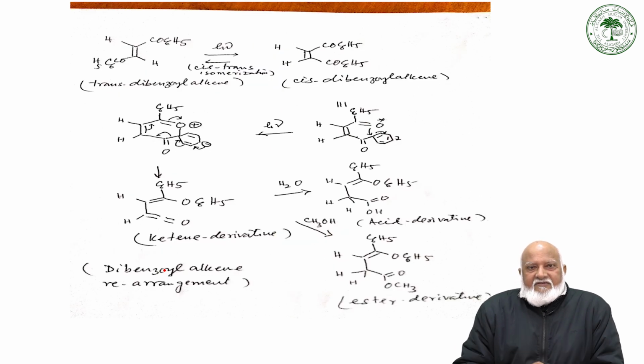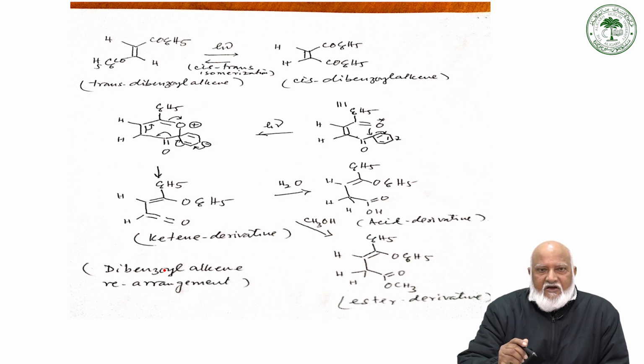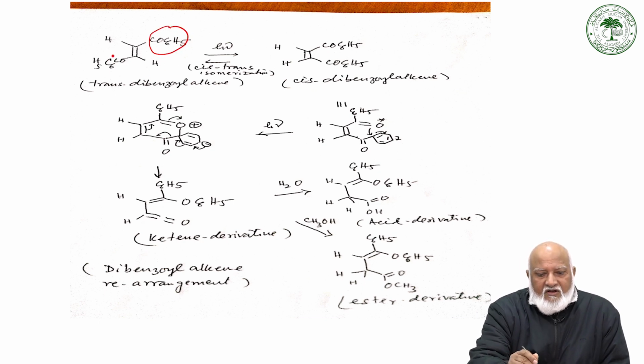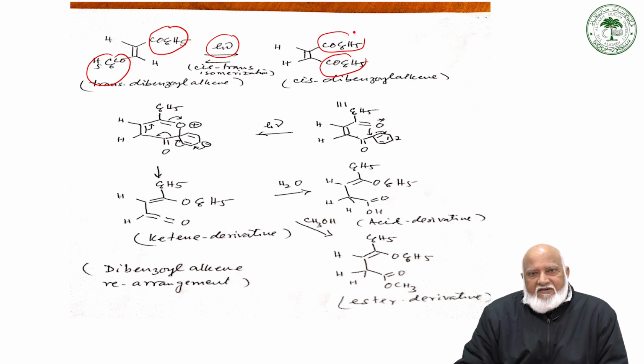This is another example of cis-trans isomerization. We have a dibenzoyl alkene with two benzoyl groups in trans orientation, which in the presence of light can also undergo cis-trans isomerization to give you a cis dibenzoyl alkene.